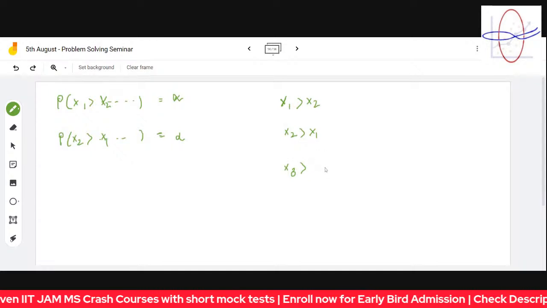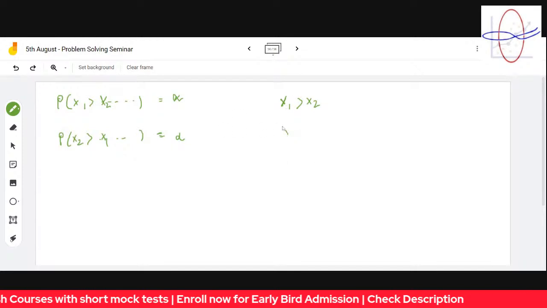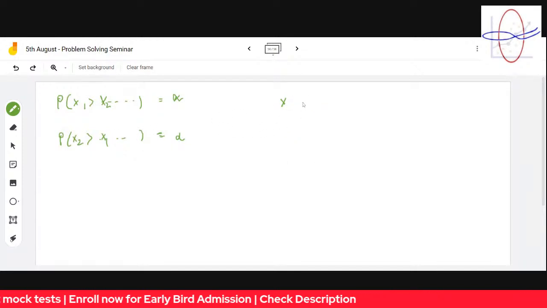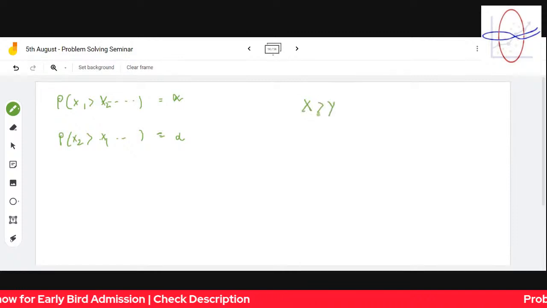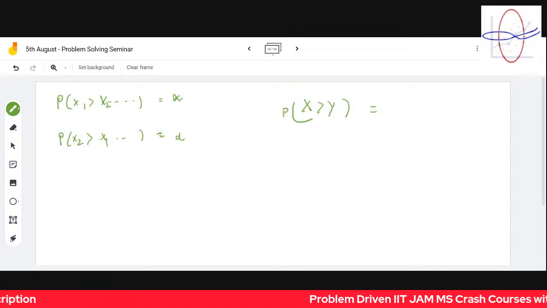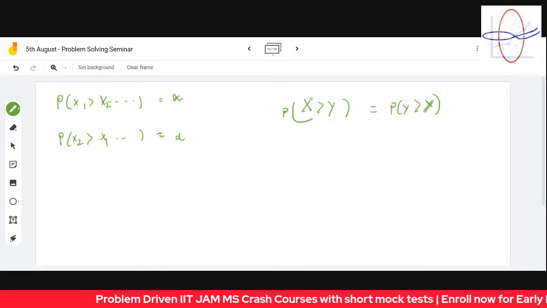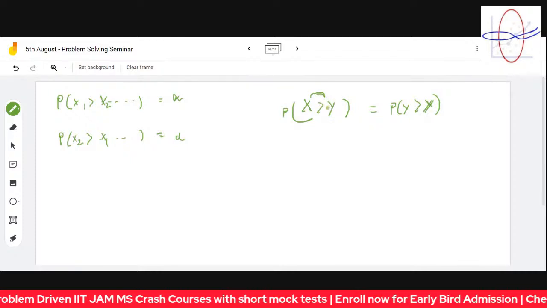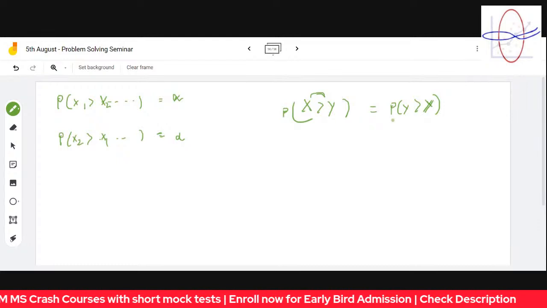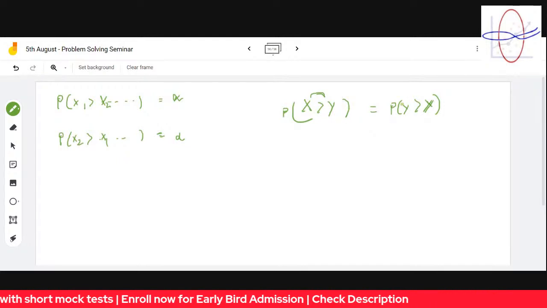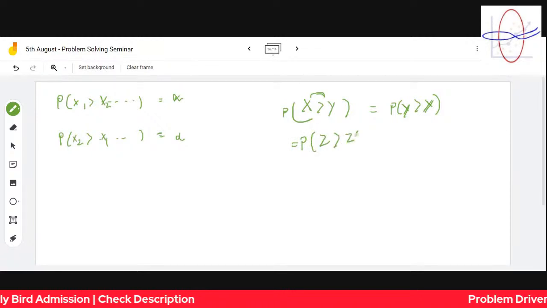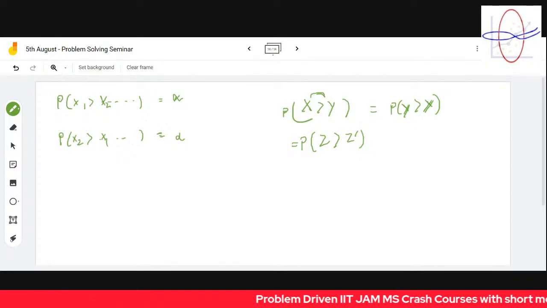Just like the probability of x greater than y is the same as y greater than x, because they're IID, they have no relationship among themselves. In fact, it's the same as the probability of z greater than z dash for any z and z dash following the same distribution. Did you understand, guys?